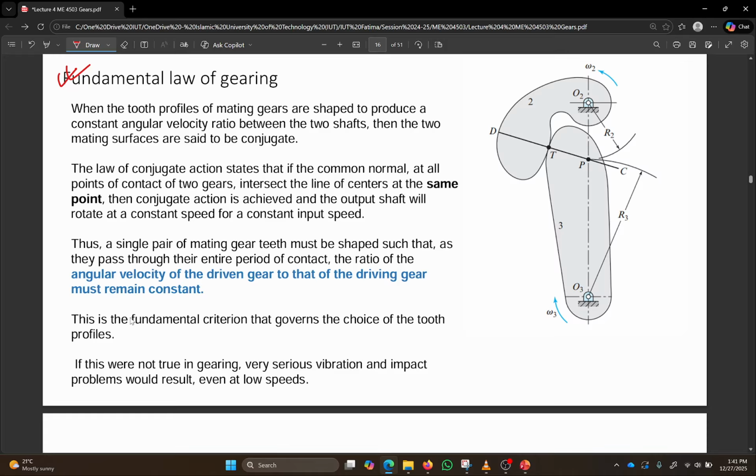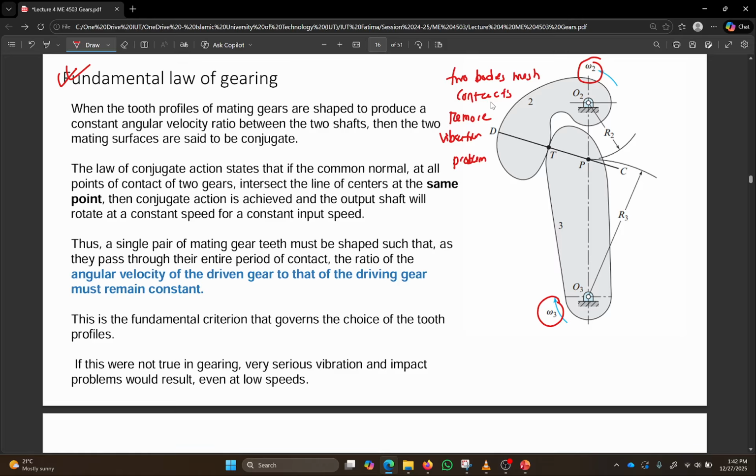Basically, when two bodies are in contact, for them to remain in contact and remove any vibration problems, a certain condition has to be met. Let's say this is the input, rotating at angular velocity omega 2, and this is the other body rotating at omega 3.